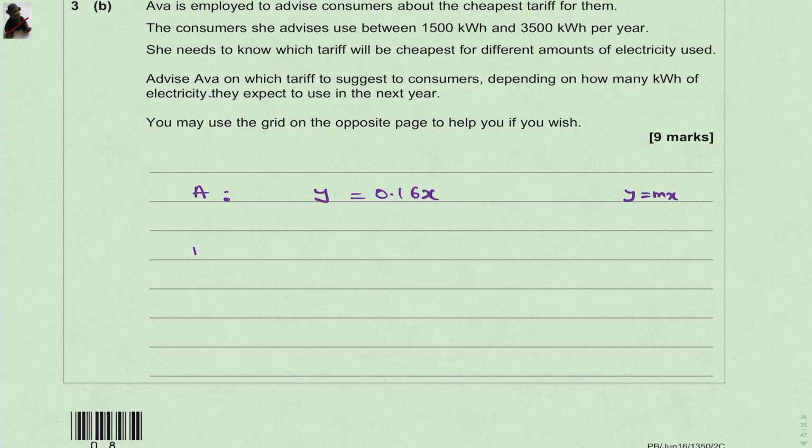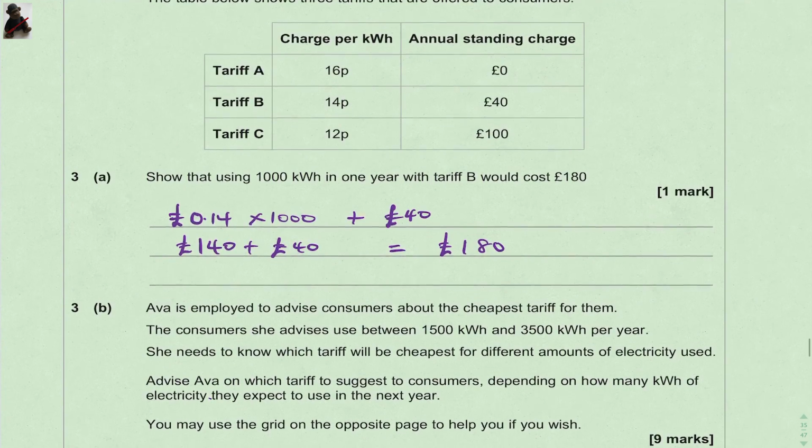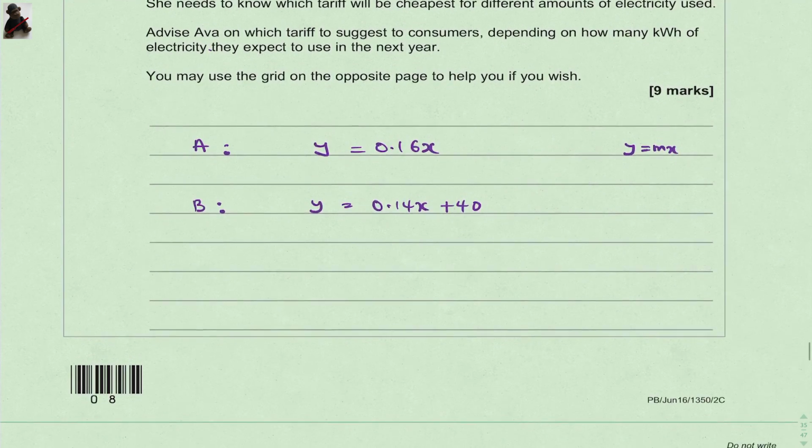And tariff B is y equals 0.14x plus 40, so that's the second variable. And tariff C, y equals 0.12x plus 100. So B and C look like y equals mx plus c.